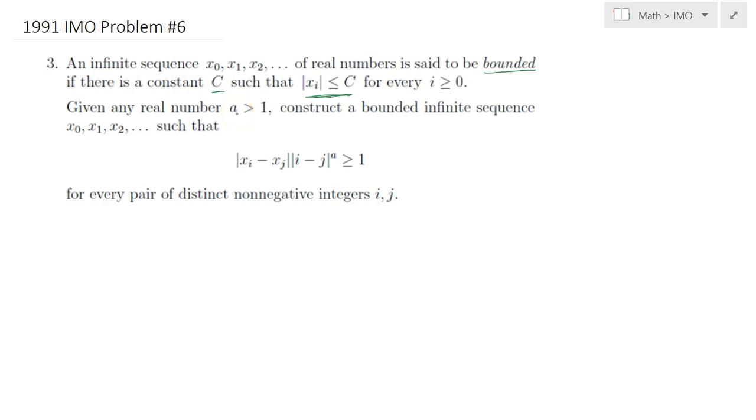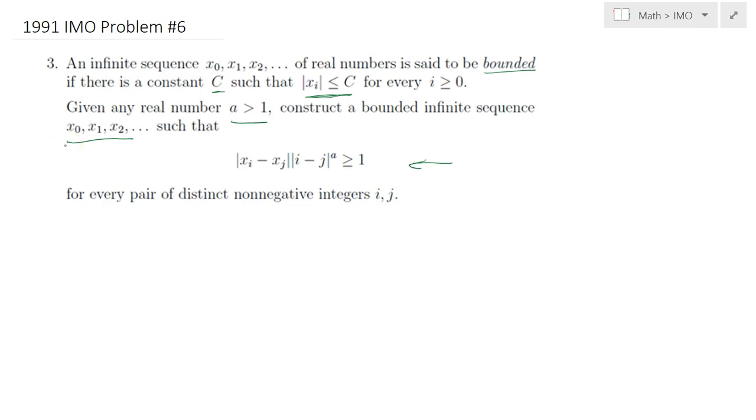Given any real number a strictly greater than 1, we would like to construct a bounded infinite sequence x sub 0, x sub 1, x sub 2, and so on, such that this given inequality holds for every pair of distinct non-negative integers i and j.